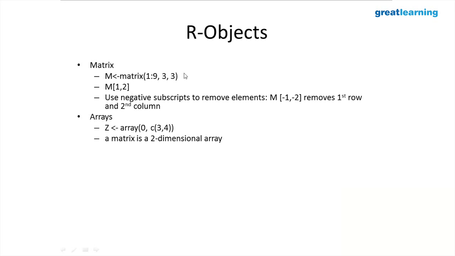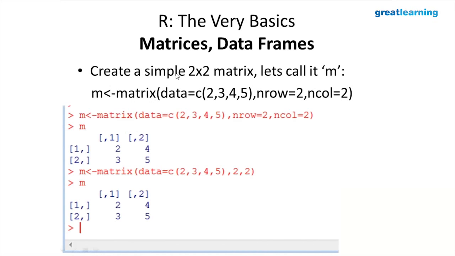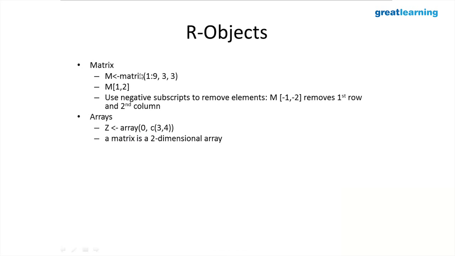Next is the number of rows and number of columns. If I ask you a very simple question, I have 9 elements and I want to arrange them in a matrix format, I will require 3 rows, 3 columns. That's why I'm giving 1:9, 3, 3. So this is how we define a matrix.